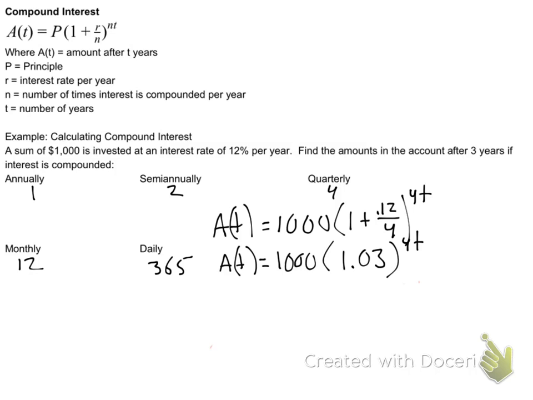So if I want to know after 3 years, I just have to put A of 3, which is 1,000 times 1.03 to the 4 times 3, which is 12.